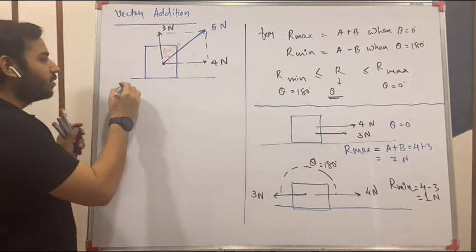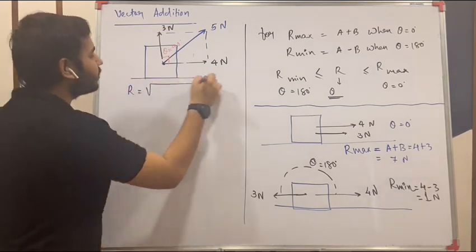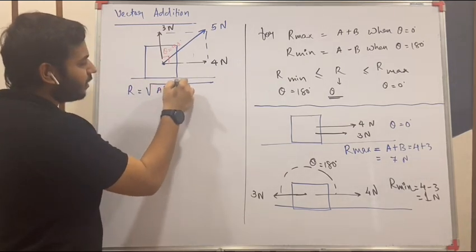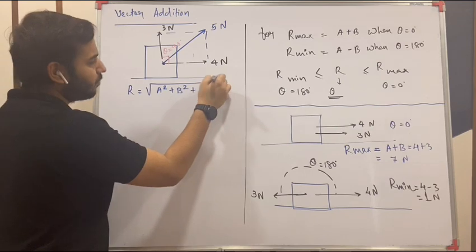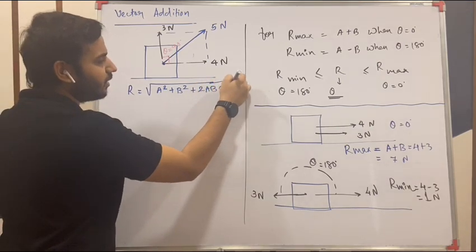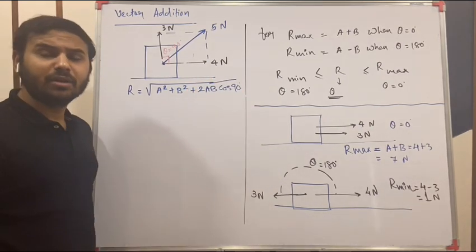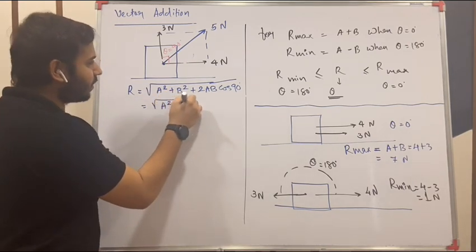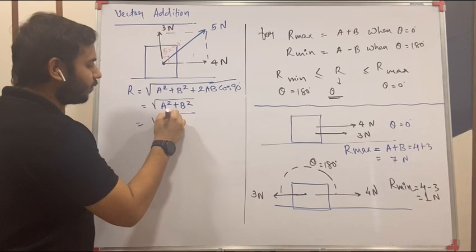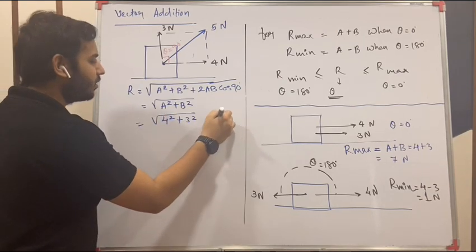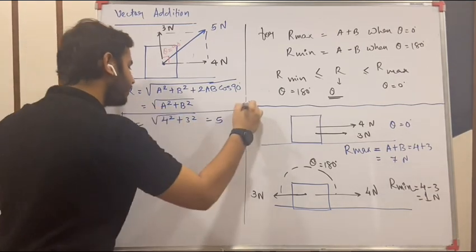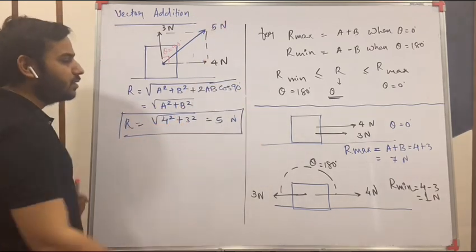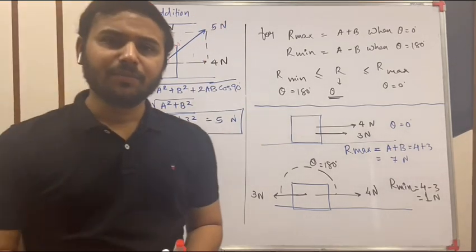So R is equal to the square root of A square plus B square plus 2AB cos 90. As we all know, cos 90 is 0, so your answer is the square root of 4 square plus 3 square, which is 5 Newton. Understood now? Fine.